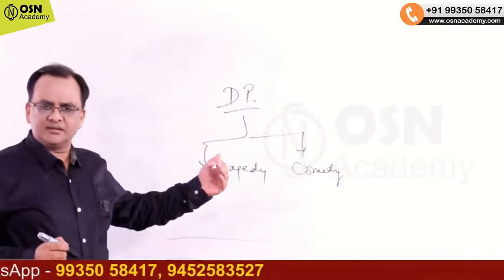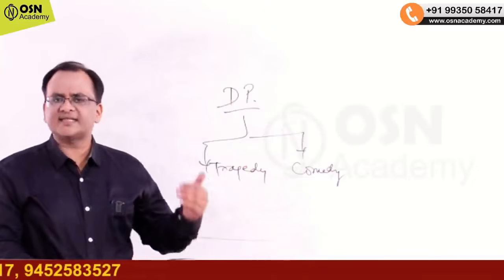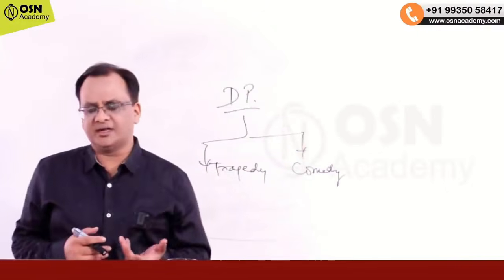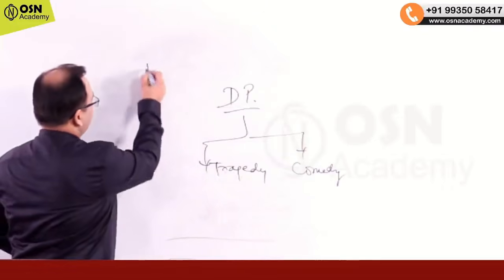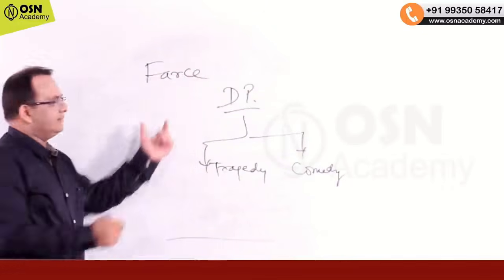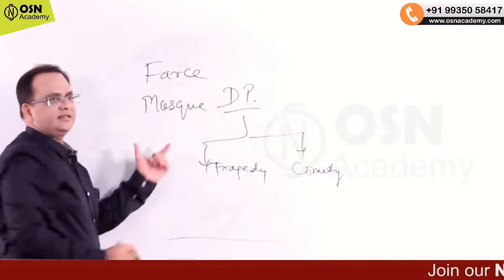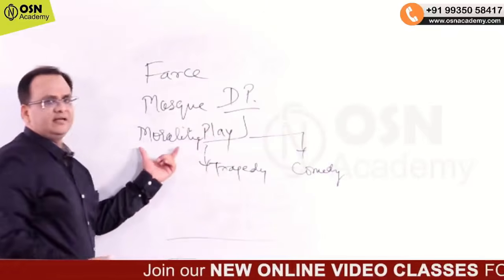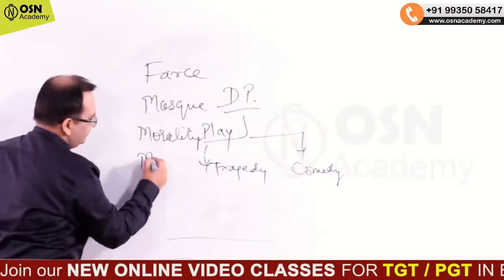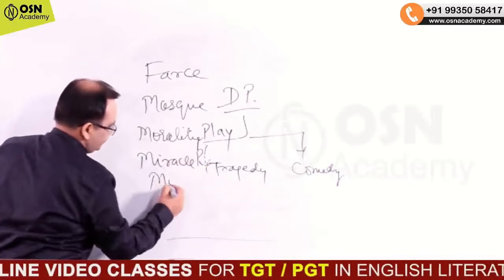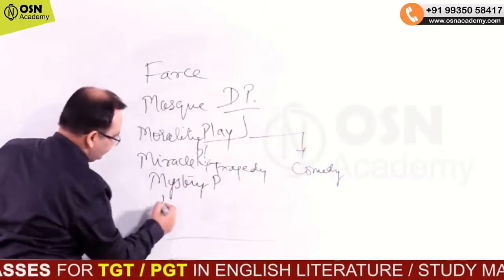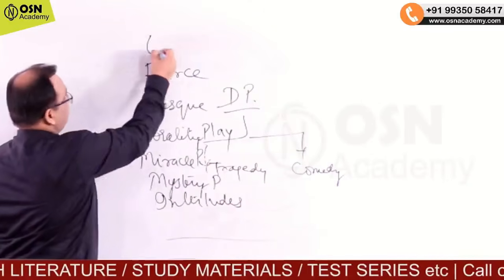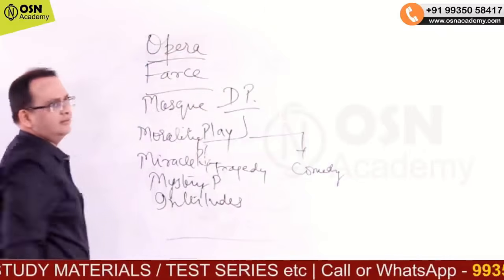And this class of bifurcation is supplemented by other minor variations as well, and those bifurcations and variations are of farce, then we have the mask, then we have the morality play, then we have the miracle play, mystery play, then we have the interludes, and last but not least is the opera.